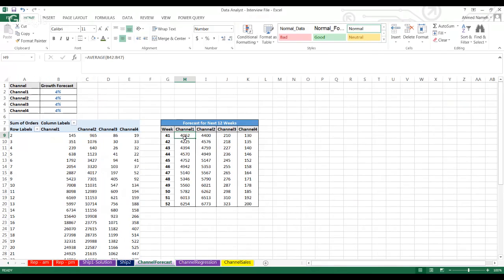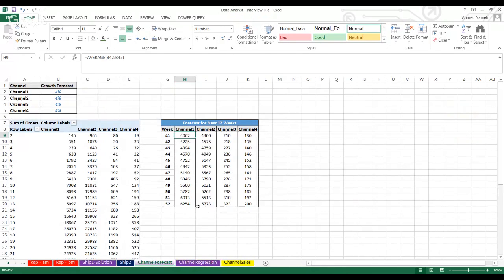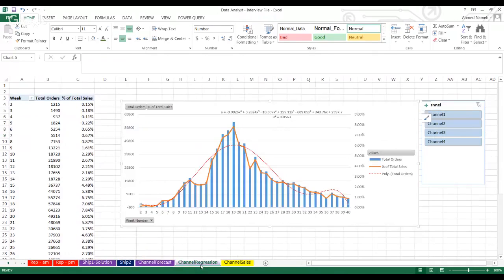Now channels 2, 3, and 4, we were asked to use patterns uncovered in the channel regression to come up with the forecast. I did not use the patterns uncovered in part one for the following reasons. Number one, historical data doesn't exist for weeks 40 to 52 for channels 2, 3, and 4.